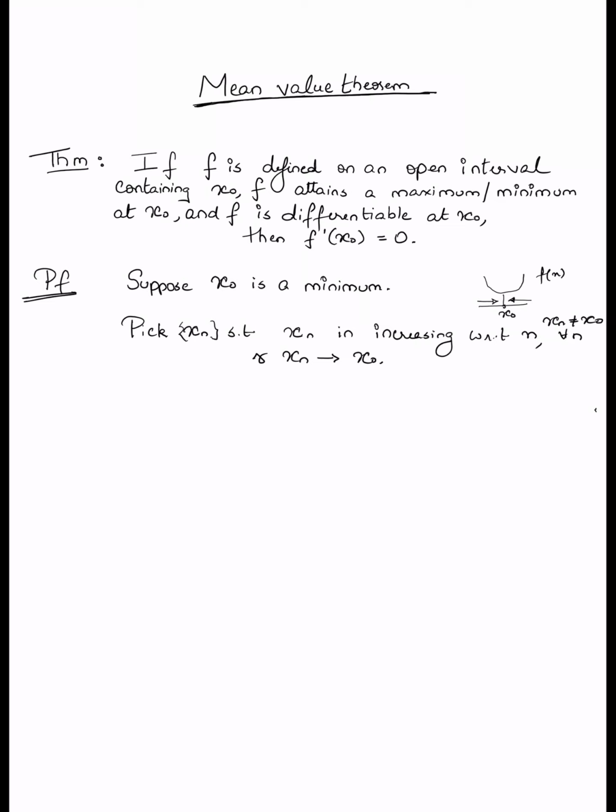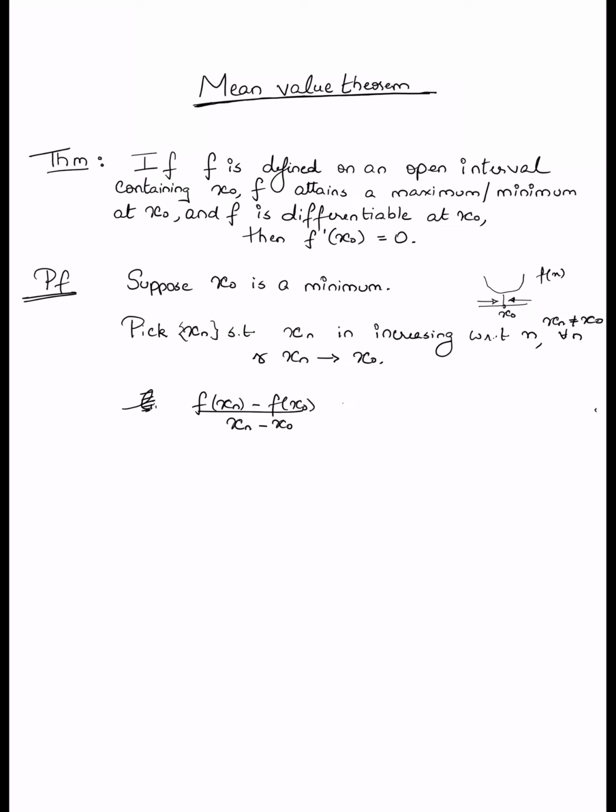Now in this case, if you look at f of xn minus f of x naught upon xn minus x naught, and you're looking at the limit of this, let's not worry about the limit yet. The point is simply that we know something about the sign of this object. The numerator is guaranteed to be non-negative, because x naught is a minimum, so f of xn is greater than or equal to f of x naught. However, the denominator is negative because xn must always be less than x naught, because you are approaching x naught from the left.